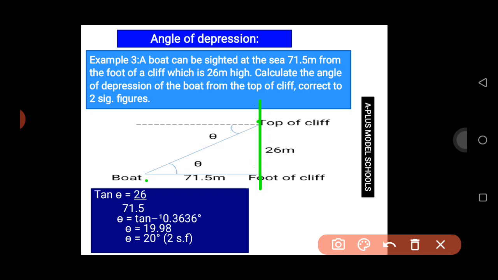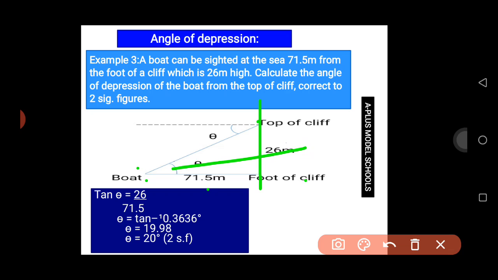So if this is the foot, this is the boat. The distance between the boat and the foot of the cliff is 71.5 meters, and the distance between the foot of the cliff and the top of the cliff is 26 meters. So I'm given the opposite and adjacent.